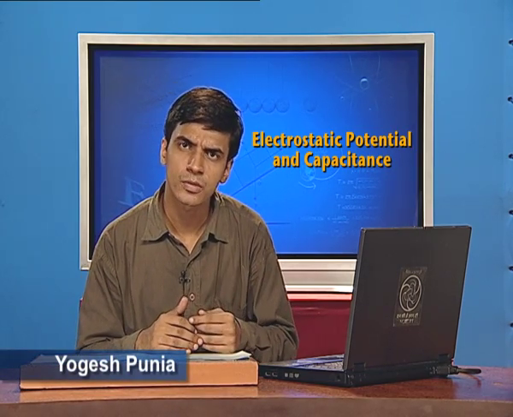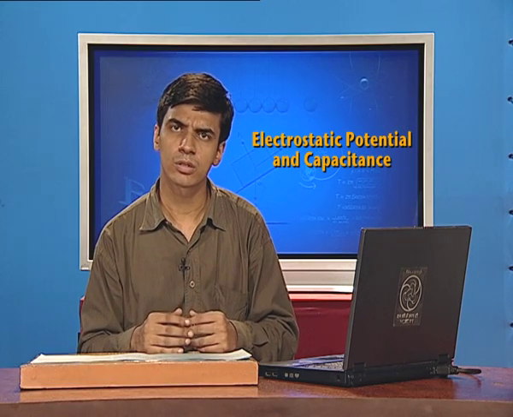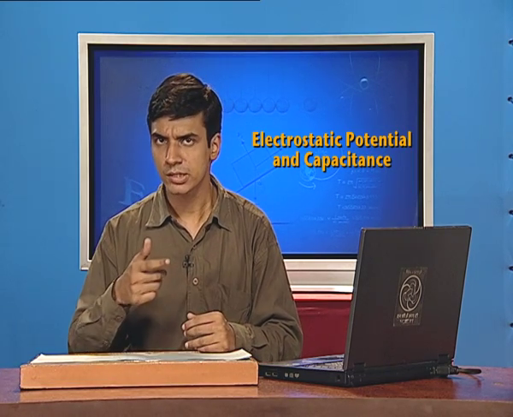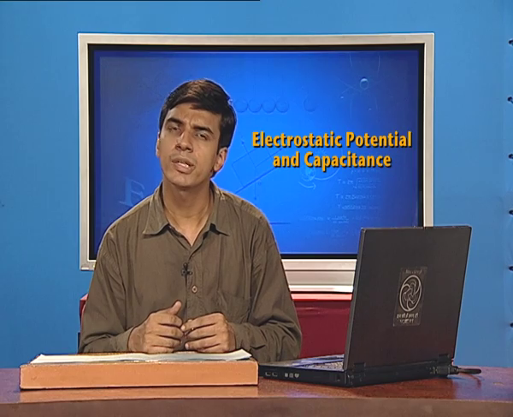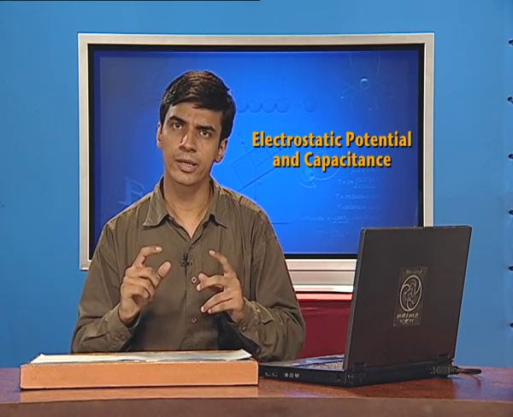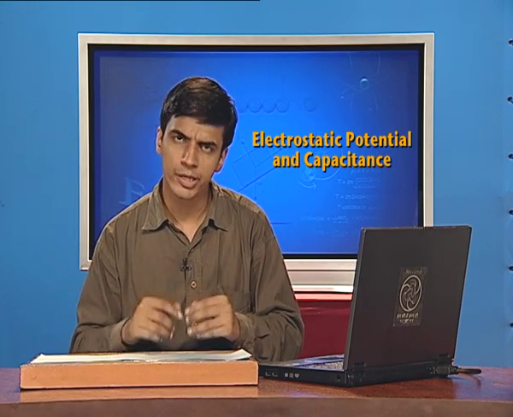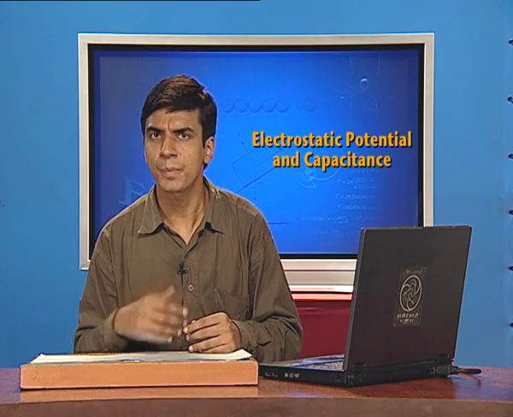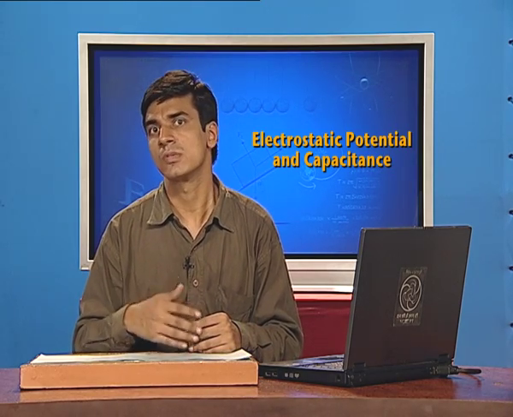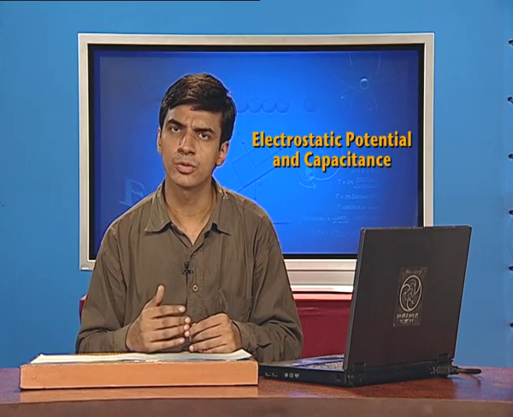In our last episode, while dealing with charges in motion, we discussed what exactly happens when I move a charge against the repulsion of a charge of the same sign, say plus q and plus q.